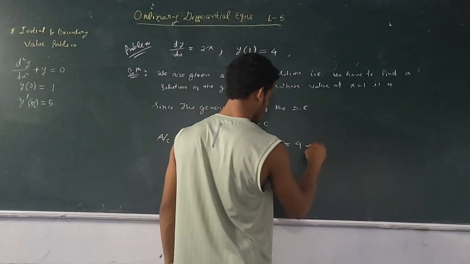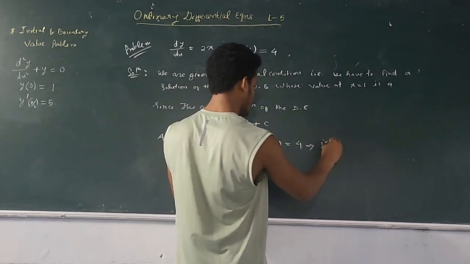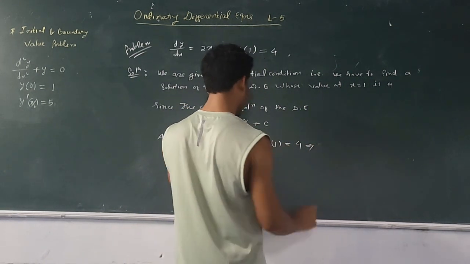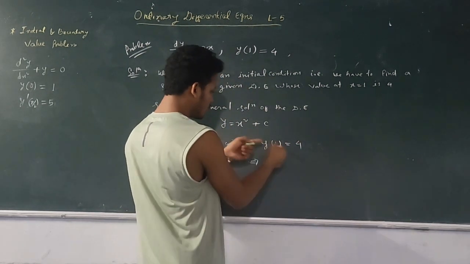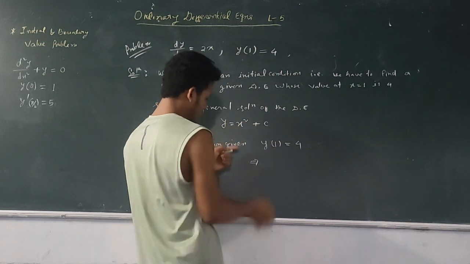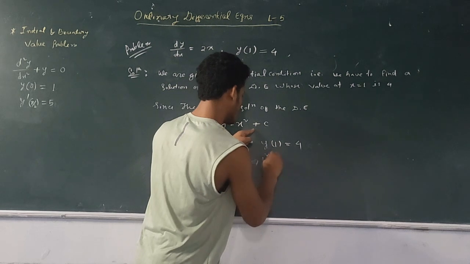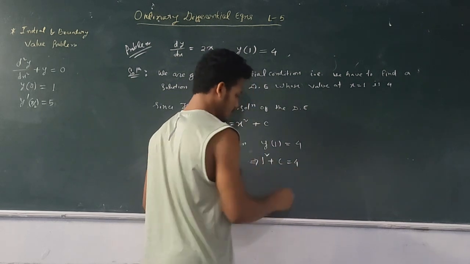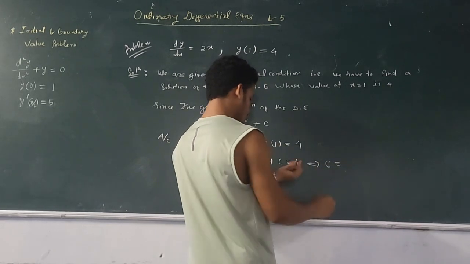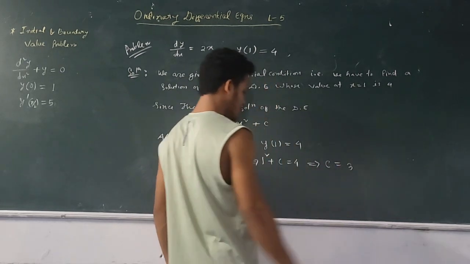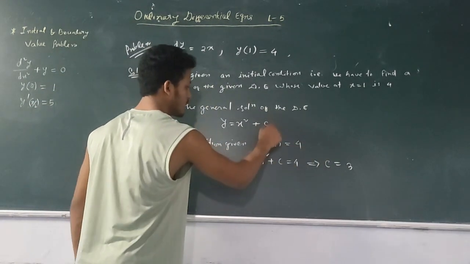This will imply, put x is equal to 1: y of 1, that means x is equal to 1, 1 squared plus c is equal to 4. This will imply c is equal to 4 minus 1 is equal to 3. You will get c is equal to 3. Now we put the value of c here.